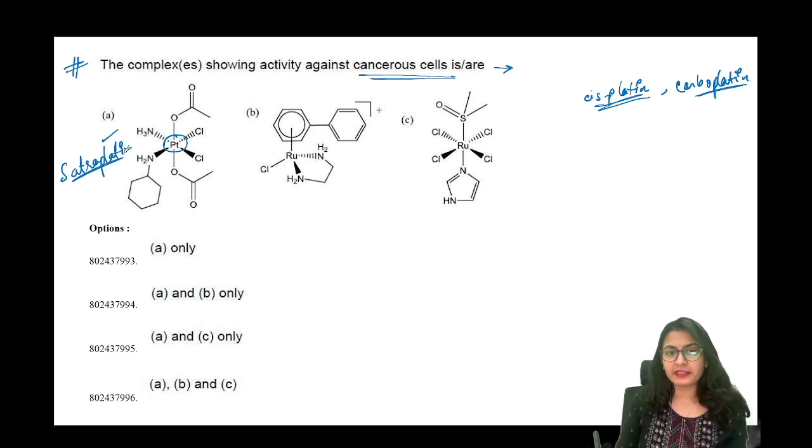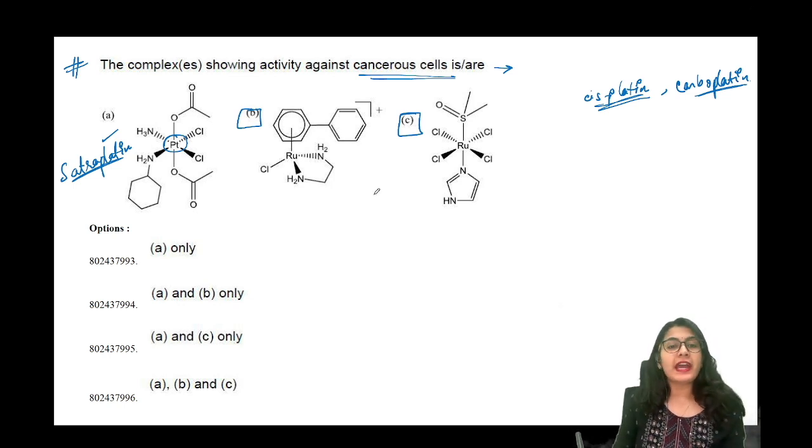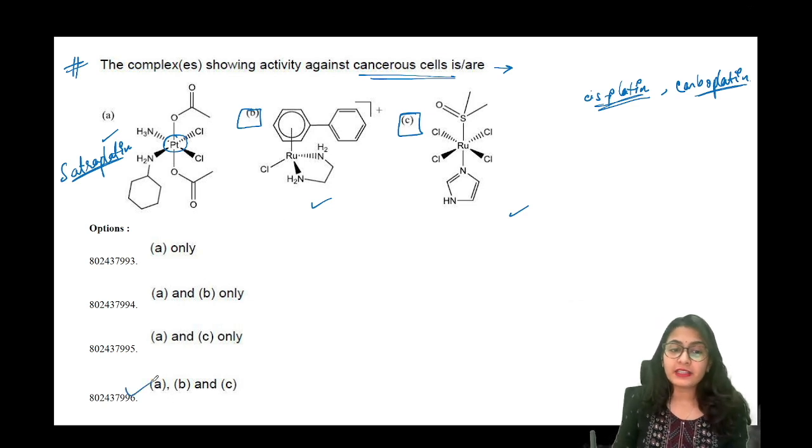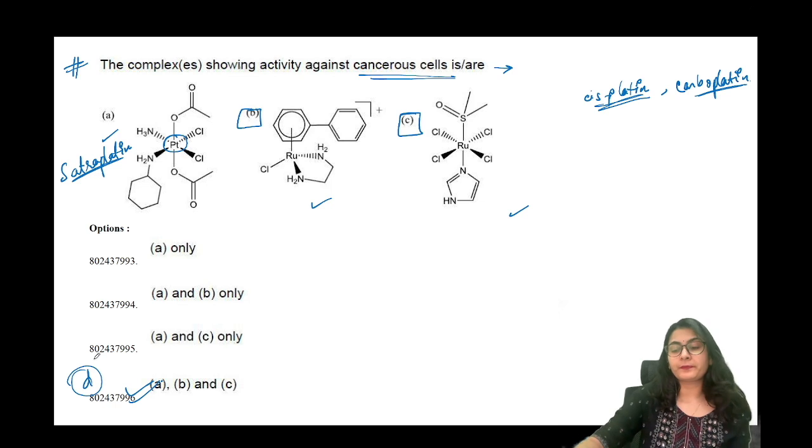These two are ruthenium-based anti-cancer molecules, and they show anti-cancer properties. You do not need to remember their names, you just need to remember the structures, that yes, you have seen these. Both of these molecules are ruthenium-based anti-cancer molecules. So A, B and C are all correct, so D, that is option 4, will be the correct answer.